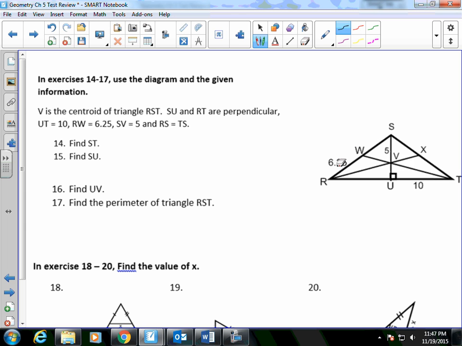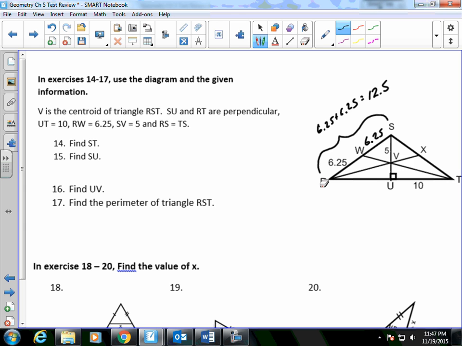So if RW is 6.25, then WS is going to be 6.25, which then we would know that the entire length of RS is 6.25 plus 6.25, or 12.5.